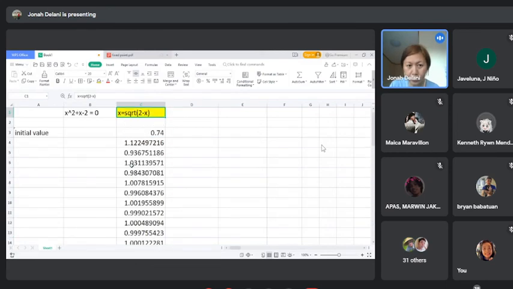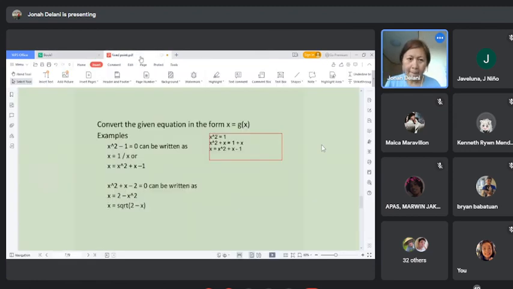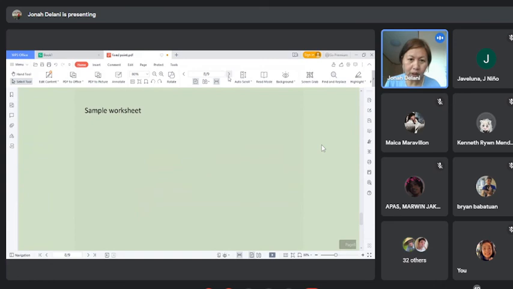But I would still post a reading material, a chapter that contains this method. So that's a sample worksheet.